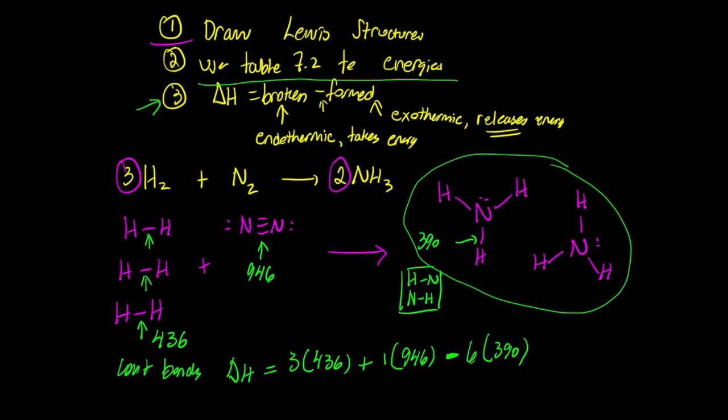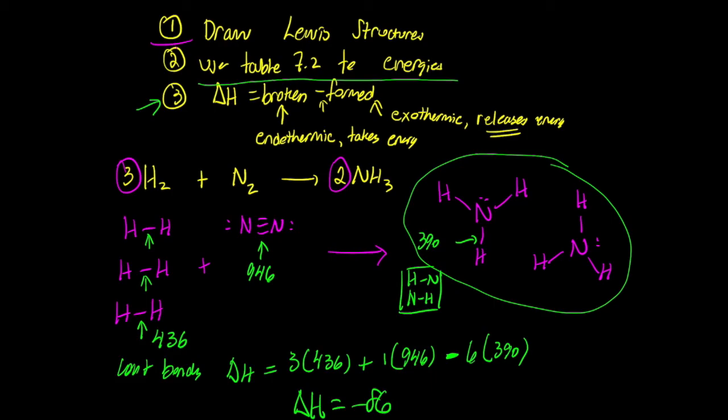So you can use parentheses if you like. I would recommend doing that. 436, 946. Okay, and then minus parentheses 6 times 390, parenthesis, and I get minus 86. Okay.